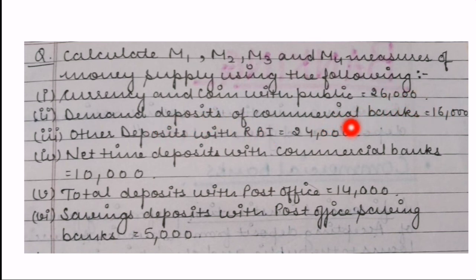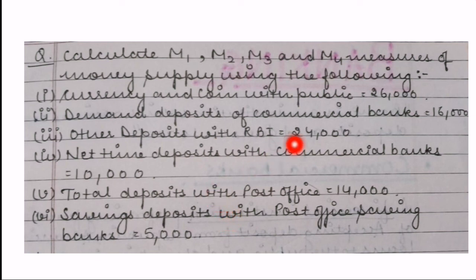When we add all these three together, we get M1 as 66,000. Then M2 will be M1, that is 66,000, plus savings with post office saving banks, 5,000, so we get M2 as 71,000.